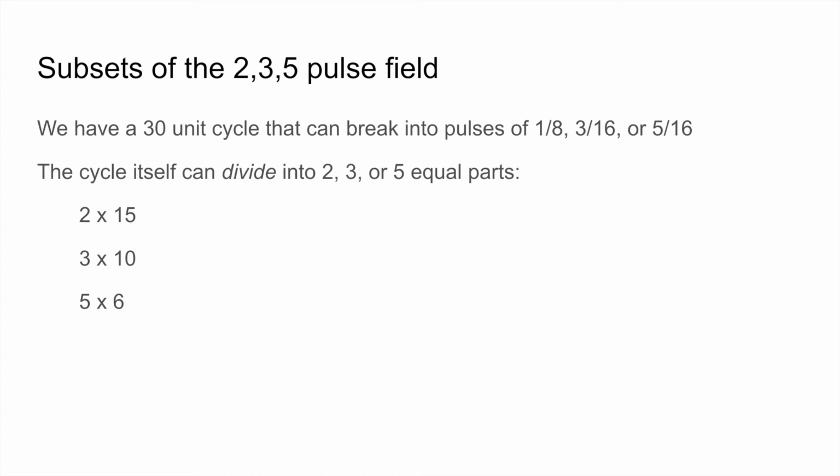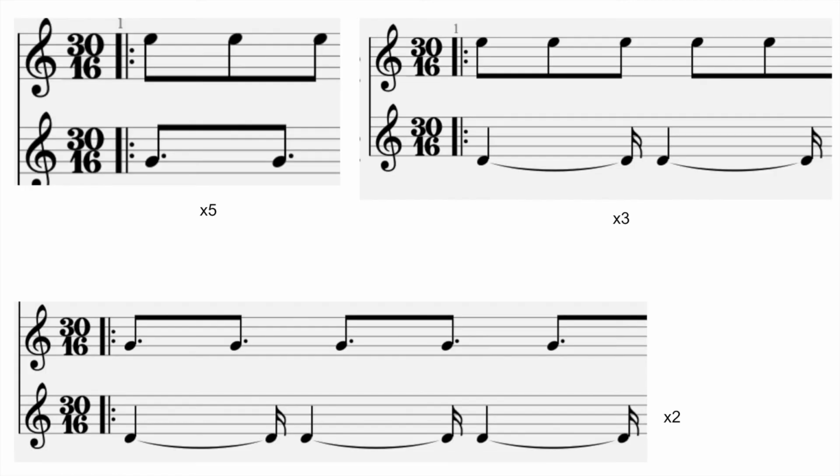Or you can say, I have 30 units. I'm going to evenly divide it into 2, so that gets me 15. I'm going to divide it by 3, which gets me 10, or divide it by 5, which gets me 6. And then, of course, you can flip those around. You can say, I will divide 30 by 15, which gets me 2, or divide by 10, which gets me 3. So there's a lot to work with when we just have a pulse field of 3 numbers like this, even if they're simple, like 2, 3, and 5.